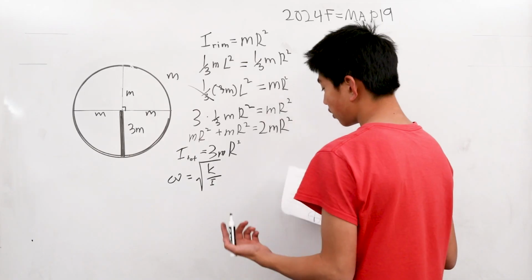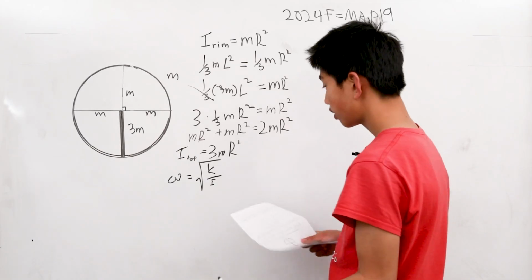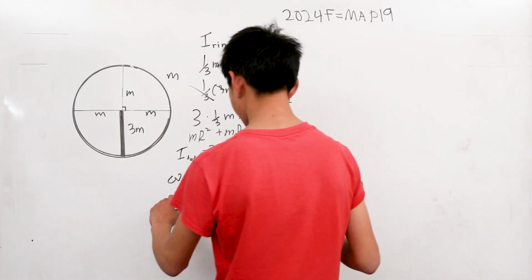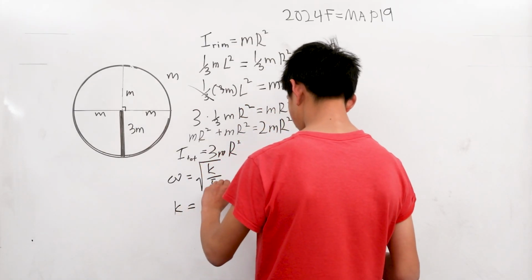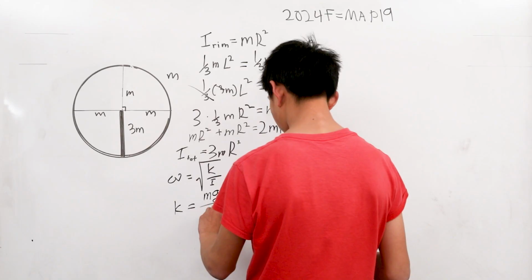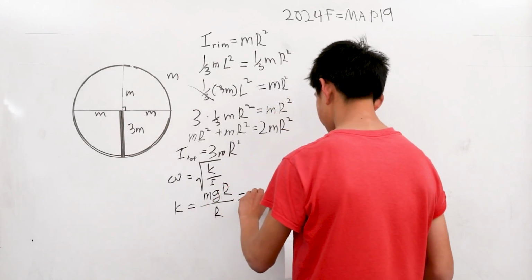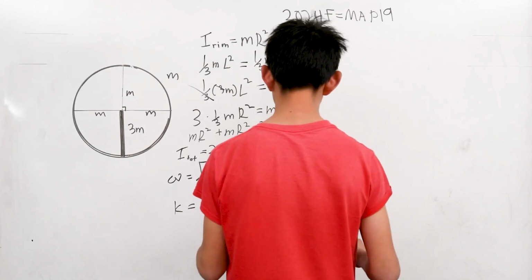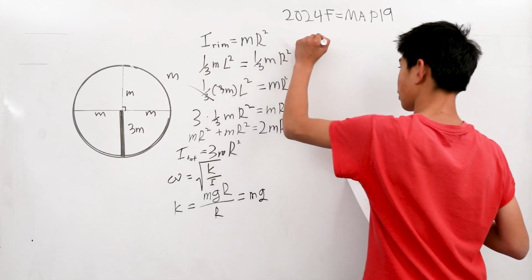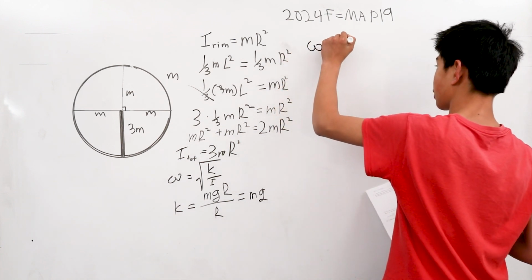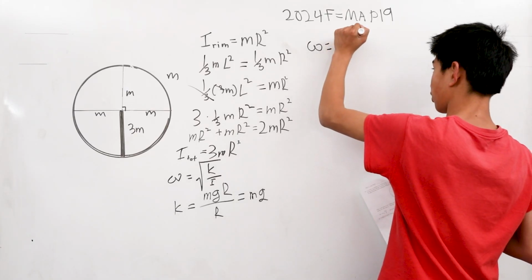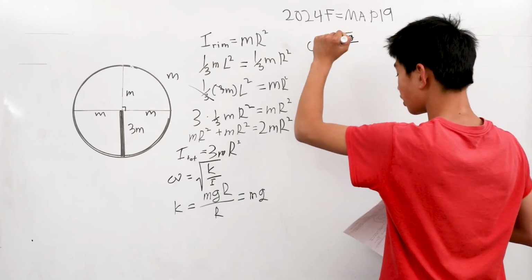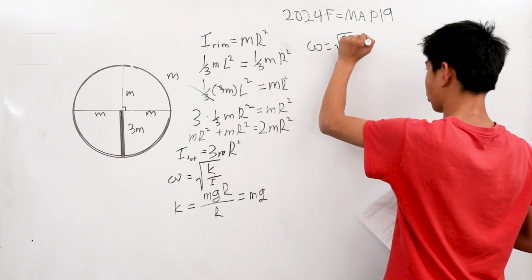Now, if we actually solve for k, k is equal to mg times r over r. This is just mg. So our omega in this case would be equal to the square root of mg over 3mr squared.